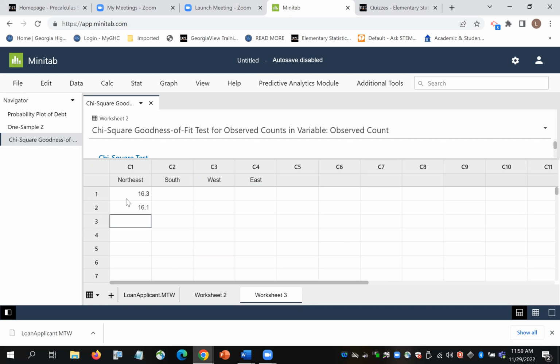Then we enter the data from each column. Make sure you keep them under the same header. Make sure you enter them correctly.